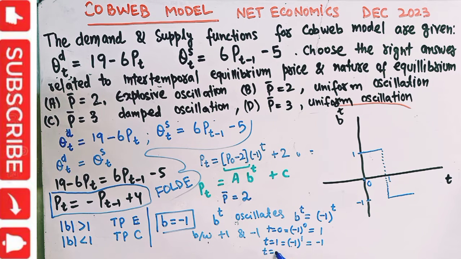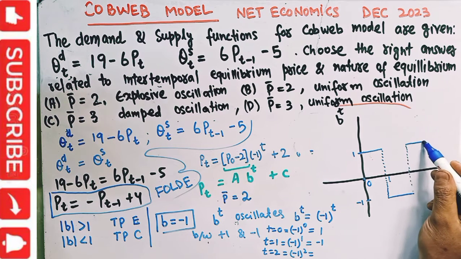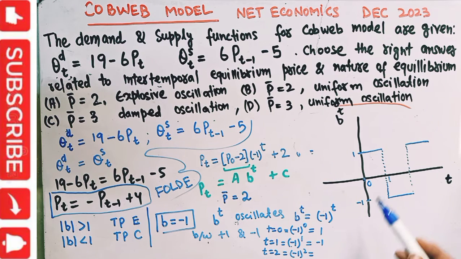Similarly, when t is equal to 2, we will get -1 raised power 2. The square of a negative number is positive, so b^t is 1. Similarly, you can see we will be oscillating between +1 and -1.